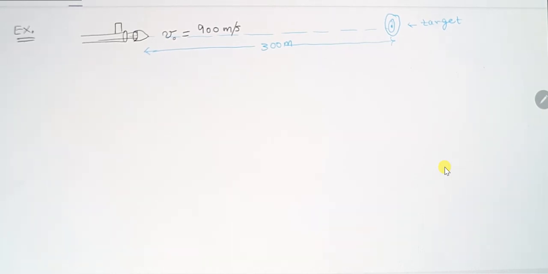So first question. If you aim directly at the target, will you hit the target? Why can't you hit the target? Gravity. What will gravity do? Decrease the height.